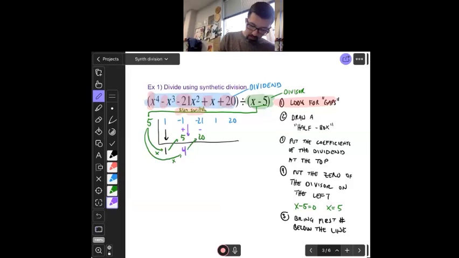Then I add straight down. That gives me -1. Again: 5 times -1 is -5. Add straight down. It's -4. Last one, 5 times -4 is -20. Add straight down, we get 0.